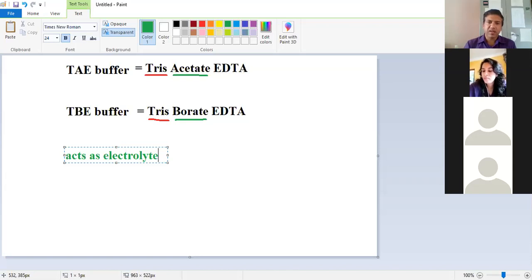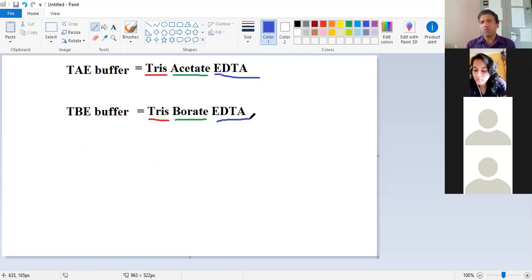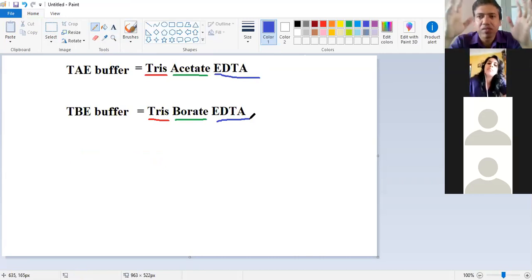Then the next component that comes is EDTA. In hematology, what is EDTA used for?